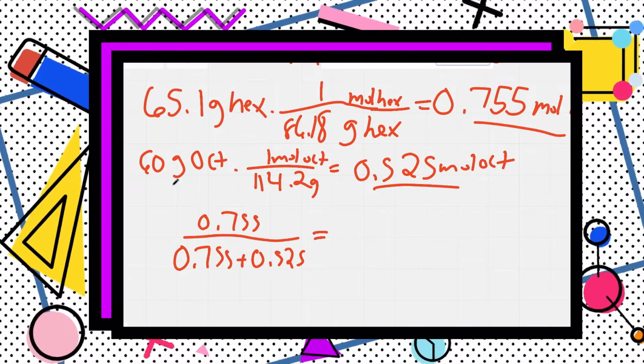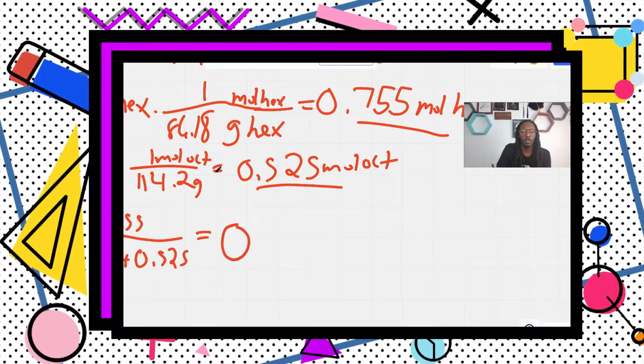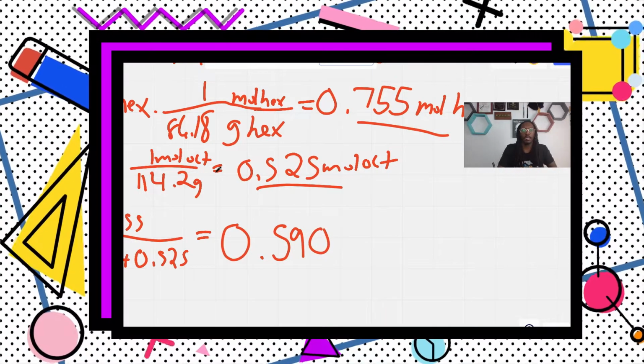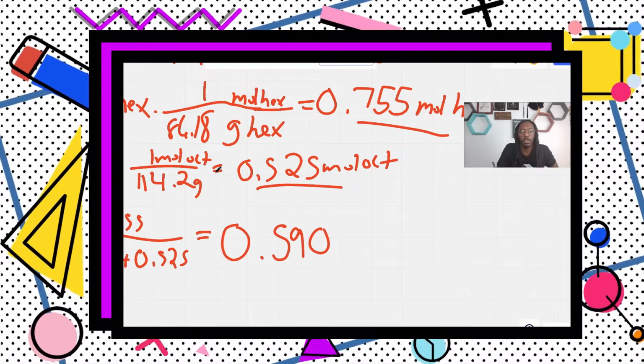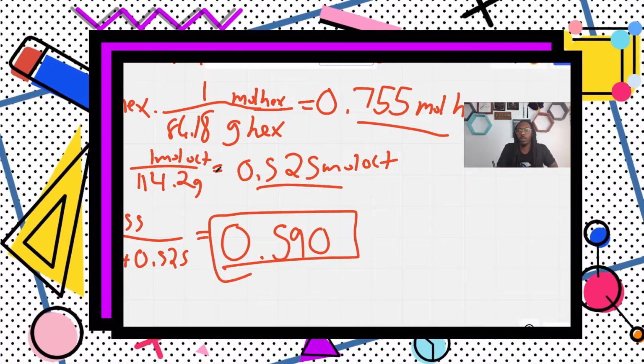Now from here, all we have to do is divide. So once we divide, we get our answer of 0.59 as our final answer. I put the 0 just because everything's 3 significant figures. But this is our final answer here. So you got that right. You are on a roll.